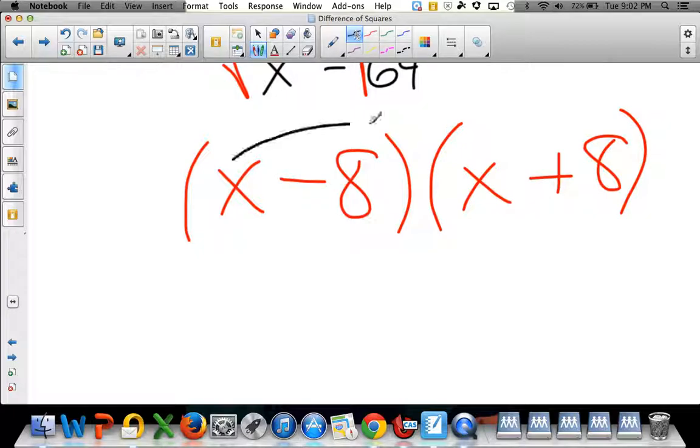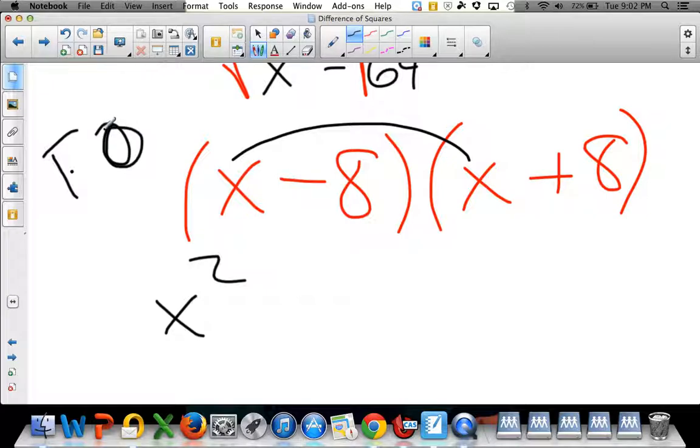You would multiply the first two terms together. So x times x is x squared. So FOIL tells me first, outside, inside, and last.